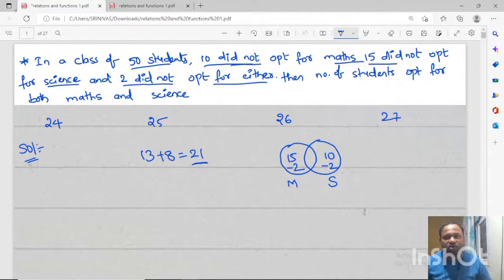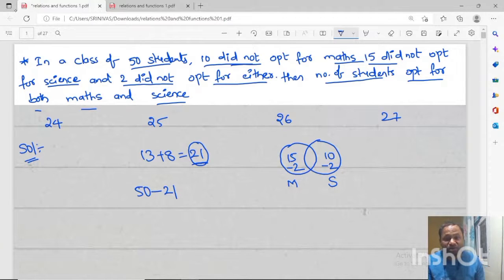Okay, now the question is number of students opt for both maths and science. Total how many students are there? 50 students minus these students who do not opt for any of the subject.